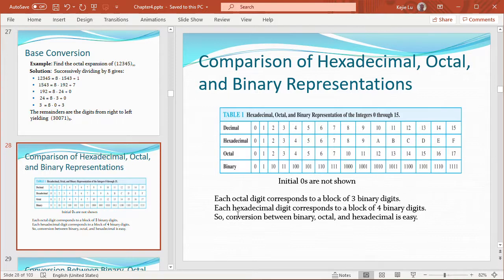And in the next few pages, you're going to find that if you already have a binary or octal or hexadecimal, you have a simpler way to find. In particular, it shows that from this binary, actually we can partition the bits in a sequence of blocks.